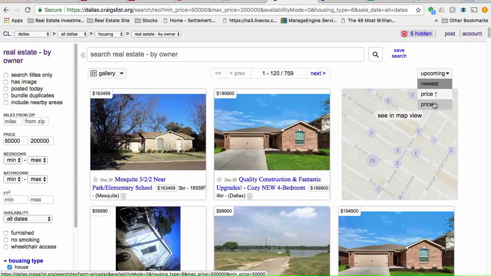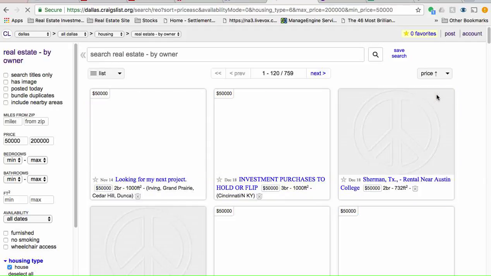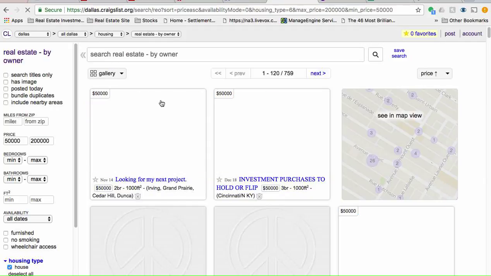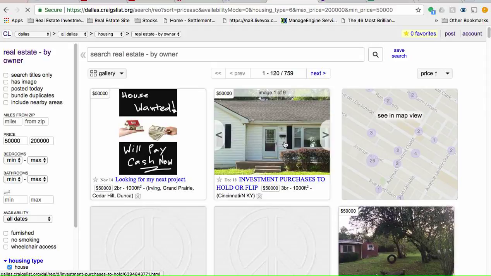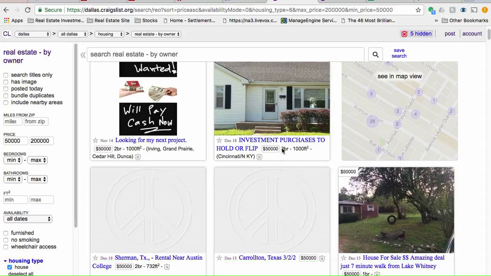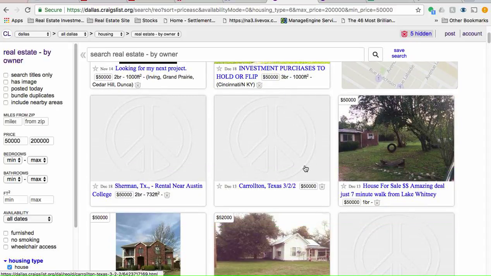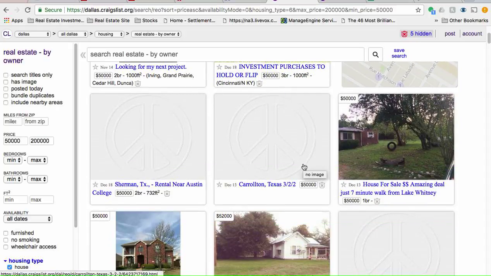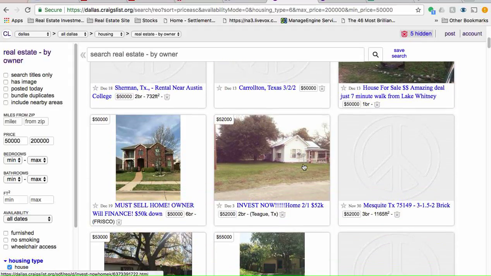Sometimes what I want to do is I adjust this to price, so I can see the lowest to the highest. Here's something in Kentucky. This is posted on December 3rd.